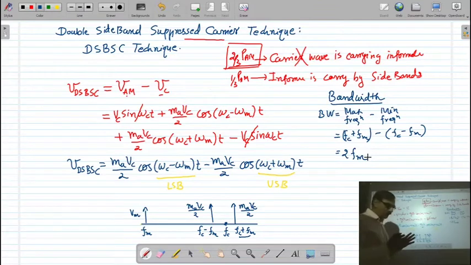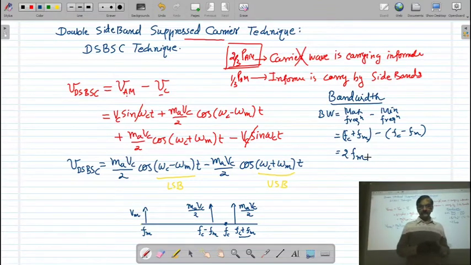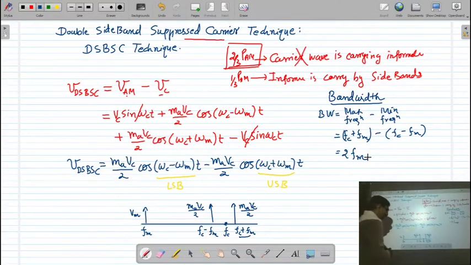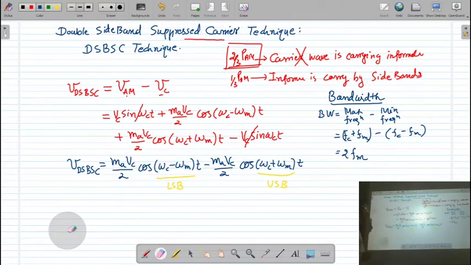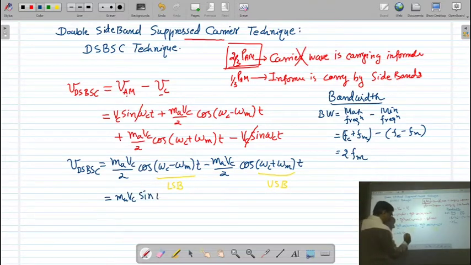Now let us see what will be the time domain representation of the wave, meaning how its amplitude is going to change with time. So if you look at this expression, the same DSBSC expression I can write in this manner: Ma Vc sin omega mt into sin omega ct.